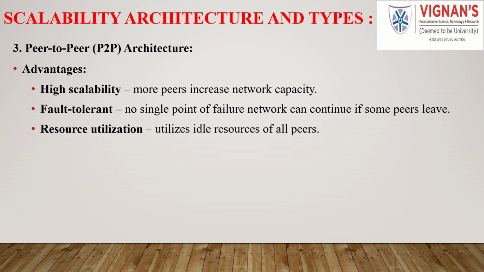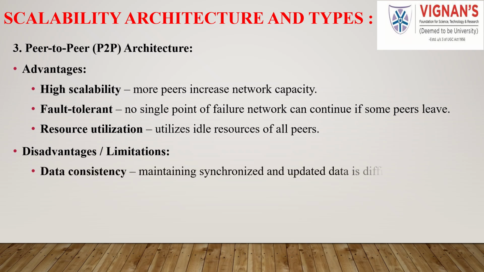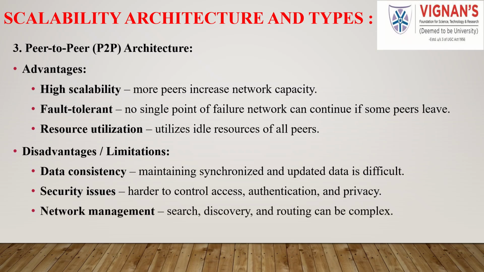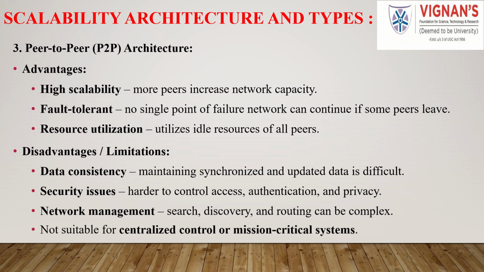However, there are some disadvantages and limitations. Maintaining data consistency across all peers can be difficult. Security is a concern, as controlling access, authentication, and privacy is harder. Network management, including search, discovery, and routing, can be complex. Finally, P2P is not suitable for centralized control or mission-critical systems.